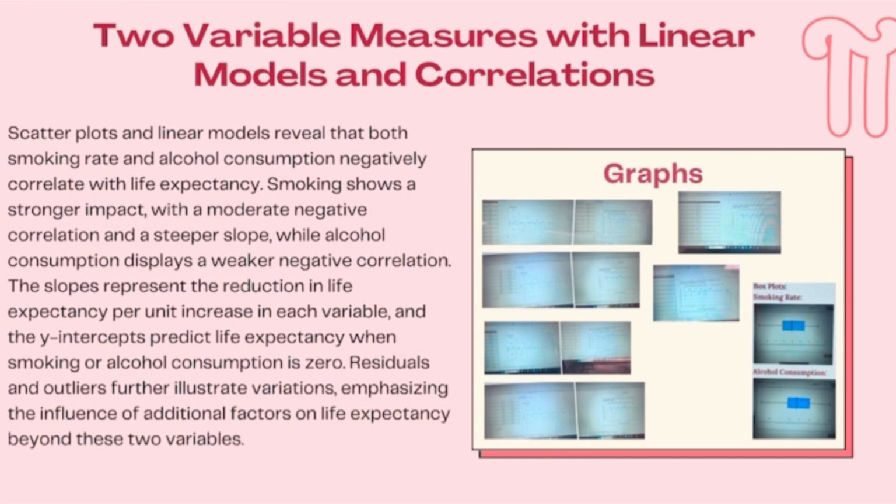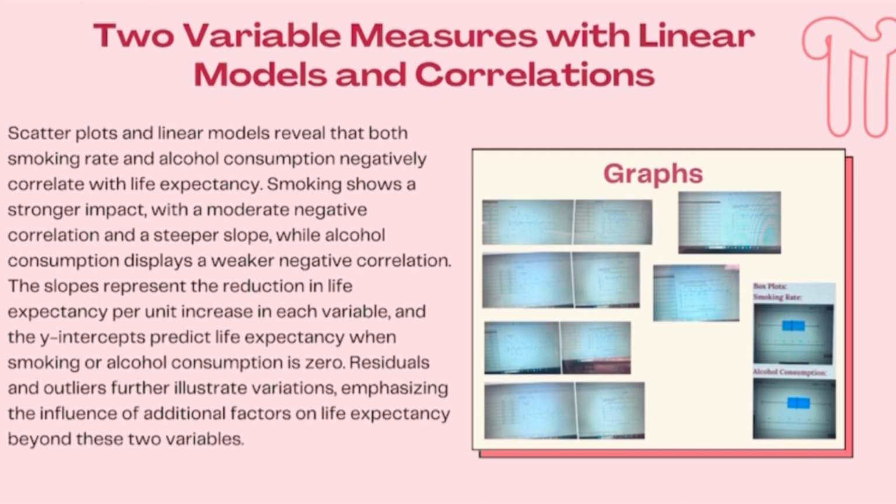The scatter plot for smoking rate versus life expectancy shows a moderate negative correlation, indicating that as smoking rates increase, life expectancy tends to decrease slightly. The slope of 0.3 means that for every 1% increase in smoking, life expectancy decreases by 0.3 years, and the y-intercept of 82 suggests a predicted life expectancy of 82 years with no smoking.